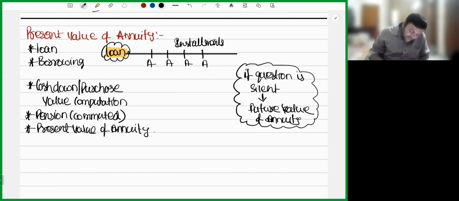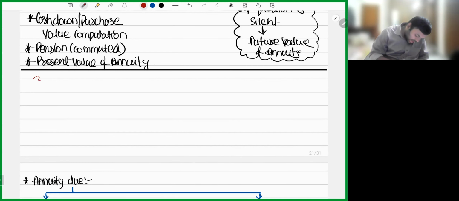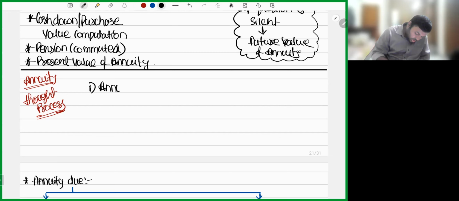So whenever any annuity sum is given in the examination, what will be your thought process? How will you think to solve the sum? The thought process is simple. First, you need to identify whether it is an annuity sum or not.